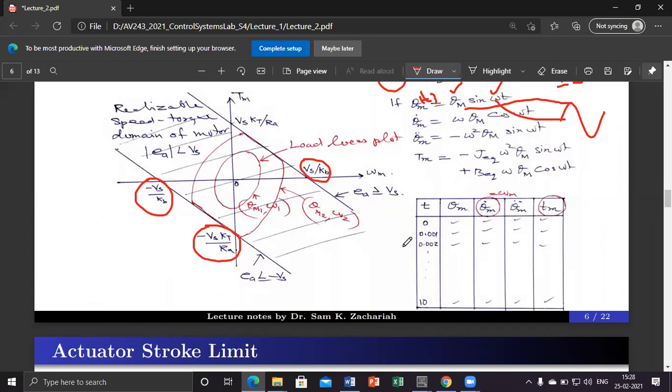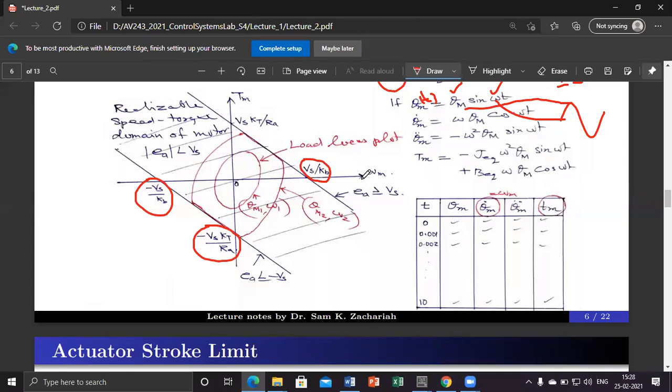While this load is steered along this trajectory, theta m of omega t, there will be an associated profile for motor velocity and motor torque that you simply plot in the same graph.